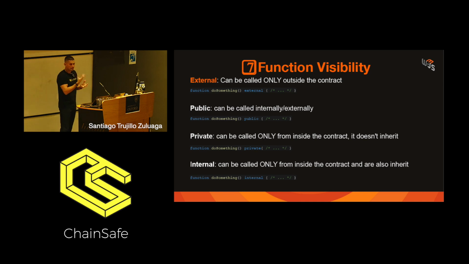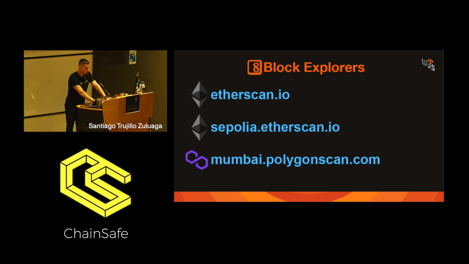Then the public is similar. The difference between external and public is the public one can be called within the smart contract, but the external cannot be called within the same smart contract. So that's just a lot of connection of smart contracts in the blockchain. But that's why external, if you know external, that's enough to get started and to build things. We have privates as well and internals, but that's out of the scope for today.